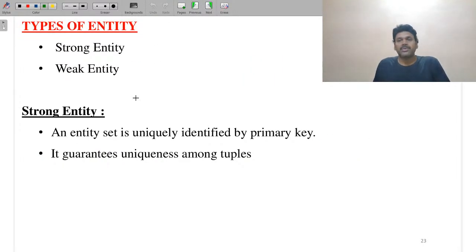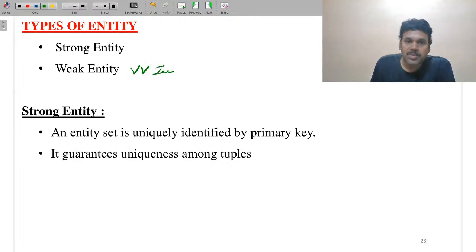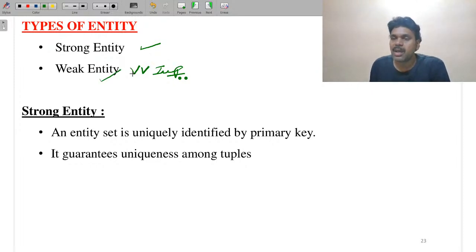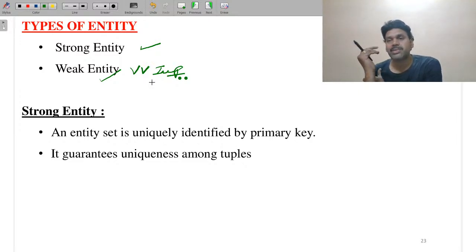Now we have types of entities. The types of entities are very important. The types of entities: one is a strong entity, the other one is a weak entity. What is a strong entity? A strong entity can be represented alone without depending on any other entity. Observe carefully, friends. A strong entity is an entity which never depends on others to represent uniqueness.